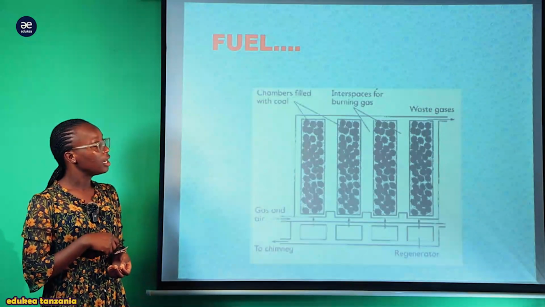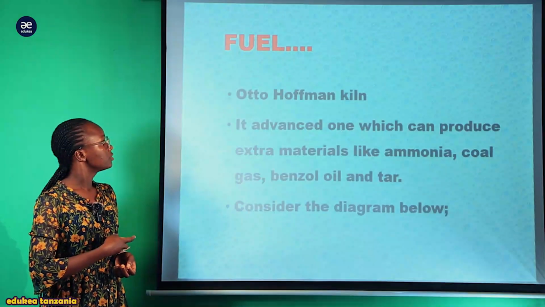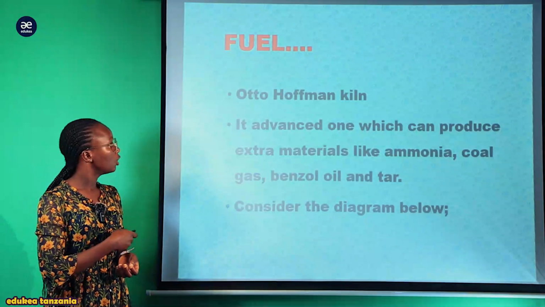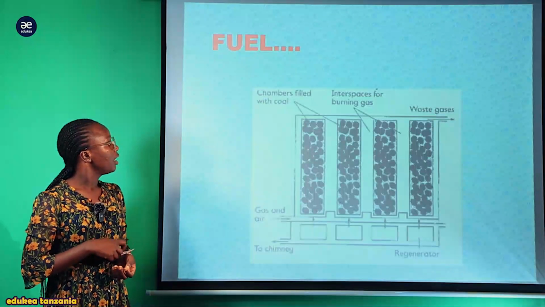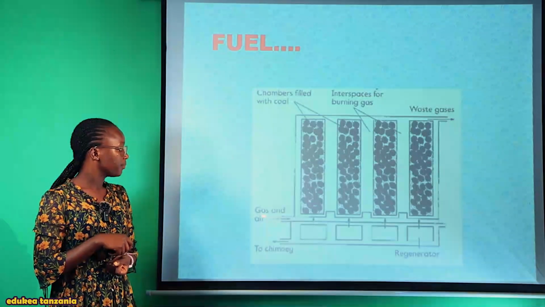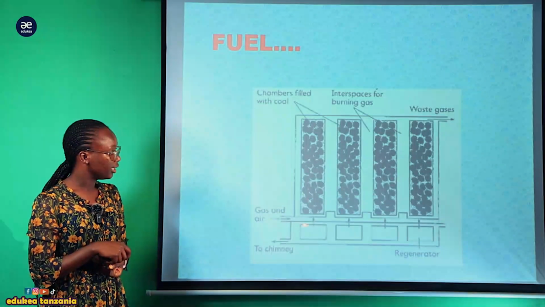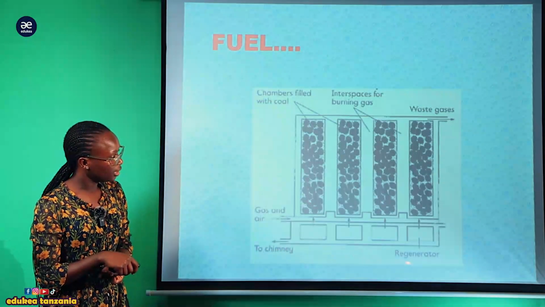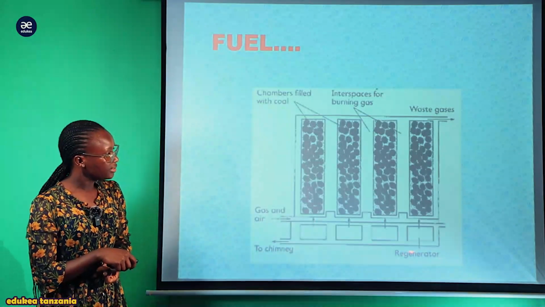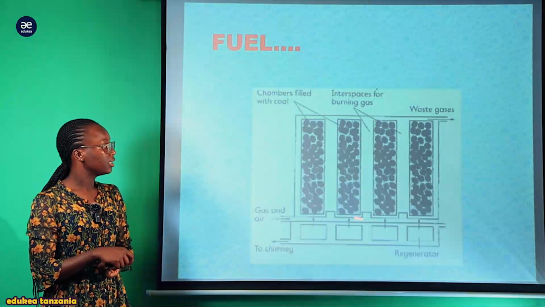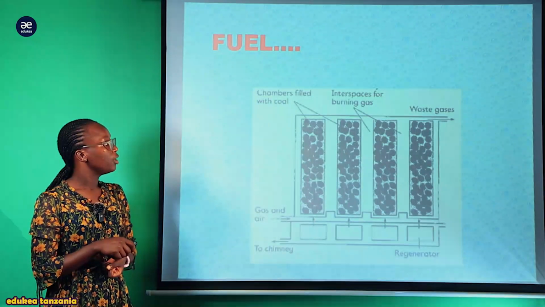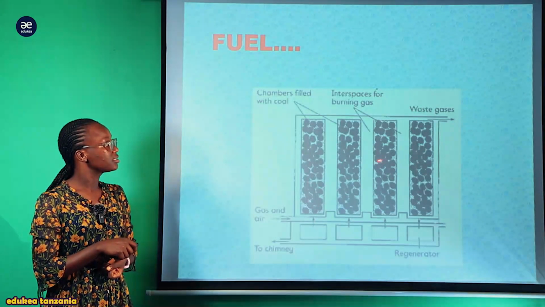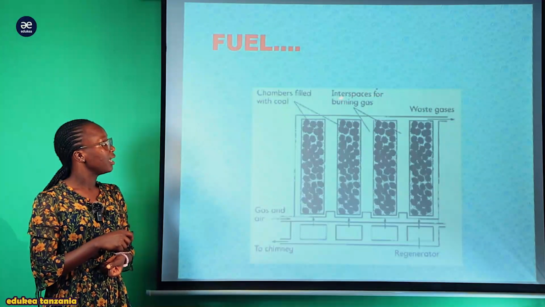You can see here, this is the gas and the air, here it's the down, but this is the chain, this is the generators, because it's the advanced one, hii ni ya kisasa kidogo. So you can see here there are waste gases out there in the spaces for burning gases, kwamba inakuwa ina hizi space, nafasi kwa ajili ya kuallow each coal to be burnt.